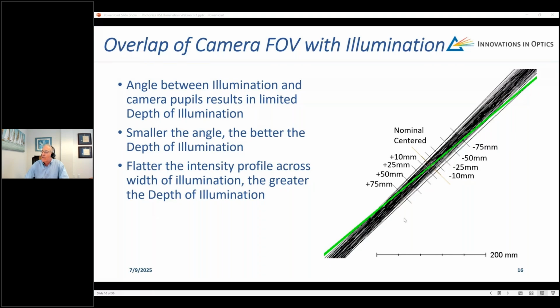So we're looking at the intensity distribution that's centered on nominally where they're aligned toward the center, and then as you go off, you can see that at some point the field of view of the illumination and the camera are not overlapping at all, so you couldn't look at objects over that larger range, but here we're looking at plus or minus 75 millimeters from the nominal.